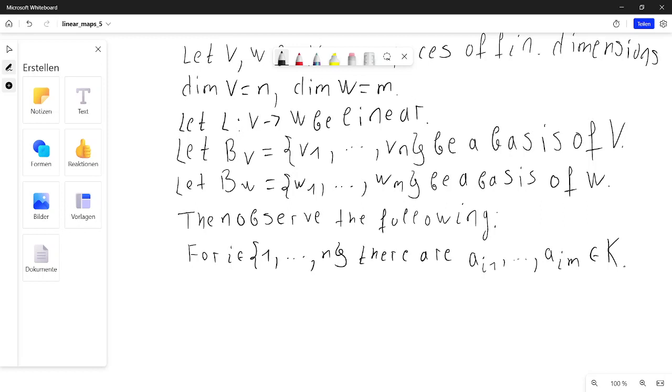That's why i is fixed in a_i1. We obtain: L of v_i is equal to the sum over j from 1 to m of a_ij w_j. So that's just the representation of each such L(v_i).